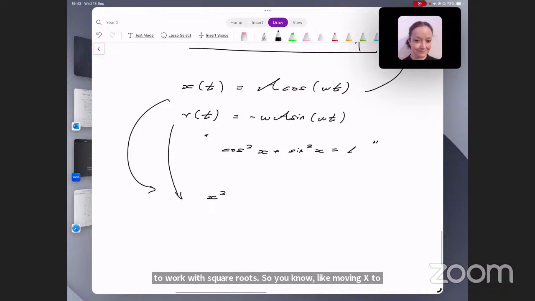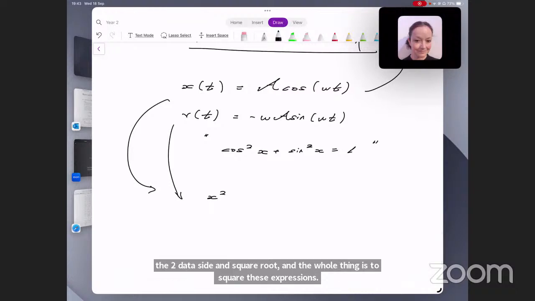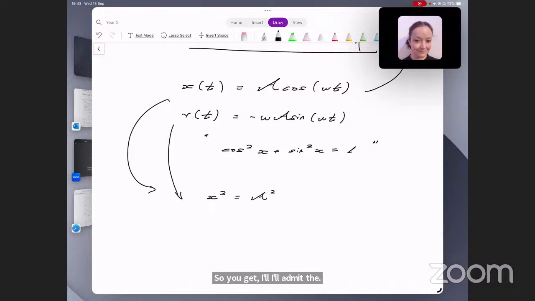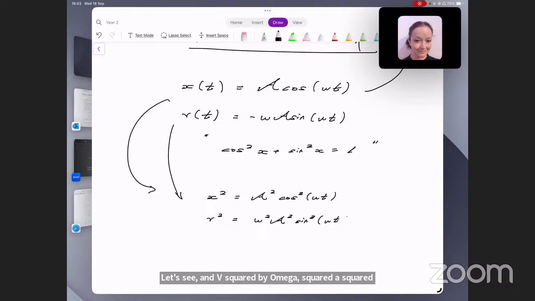I'll omit the brackets t just to make it a bit clearer. x squared is given by a squared cos squared omega t, and v squared will be given by omega squared a squared sine squared omega t. Notice how this minus sign has gone because we've squared it, and it'll come back later.